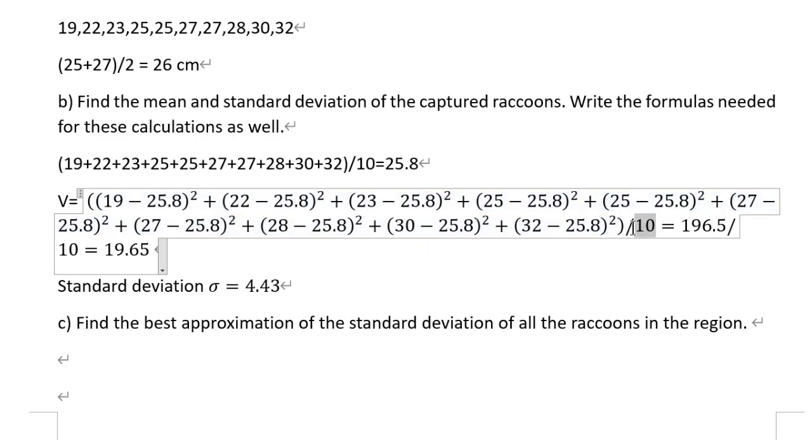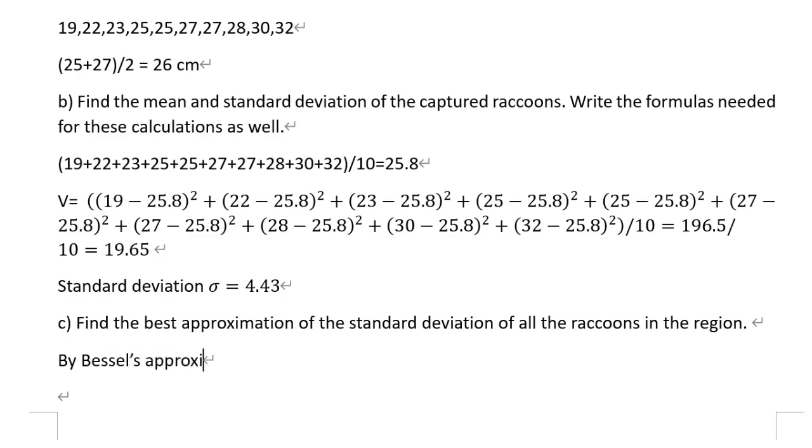So instead of dividing by 10, you have to subtract 1 from the 10. That's called the Bessel's approximation. So by Bessel's approximation, you have to take this 196.5 and divide it by 9.